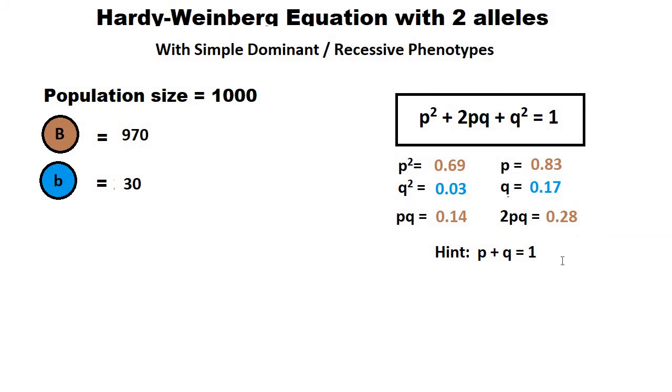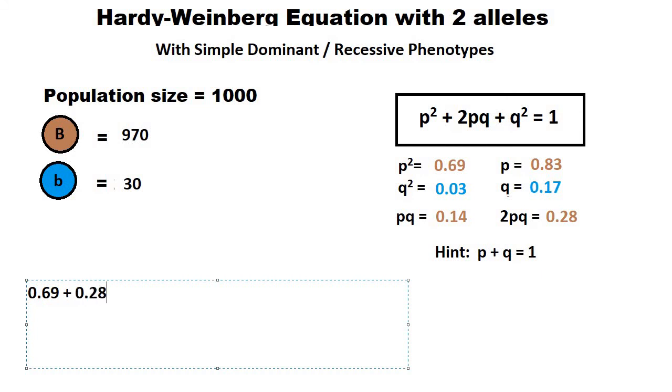So, what does that give us for the problem here? If we plug in the numbers, our p squared is 0.69 plus 2pq, which we've determined is 0.28, plus q squared, which is 0.03.